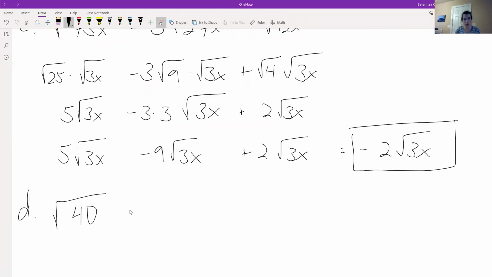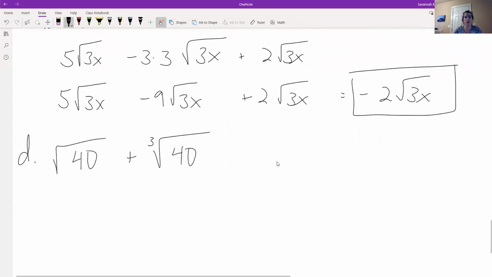All right, square root of 40 plus cube root of 40. Now this is interesting because you can tell right off the bat, we don't have any hope of adding together a square root and a cube root. You can't ever get anywhere with that. However, the problem is not going to be considered simplified.